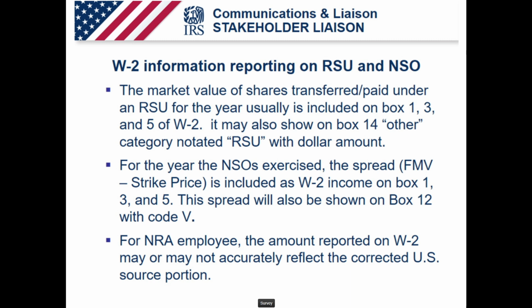As we mentioned earlier, non-resident aliens who perform services both within the U.S. and outside of the U.S. during the vesting period may not see the correct amount of taxable income reported on the Form W-2 filed by their employer. This may be due to the employer not having sufficient information to calculate and report the U.S. sourced only income and instead reporting the whole amount of the spread on the Form W-2 as income.